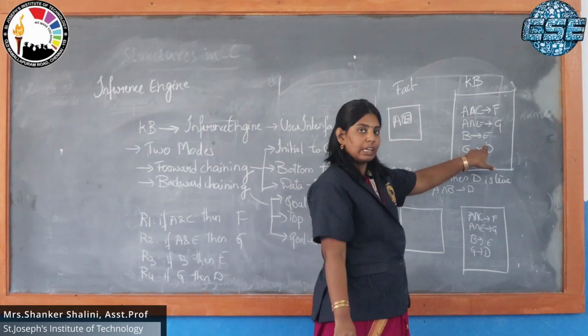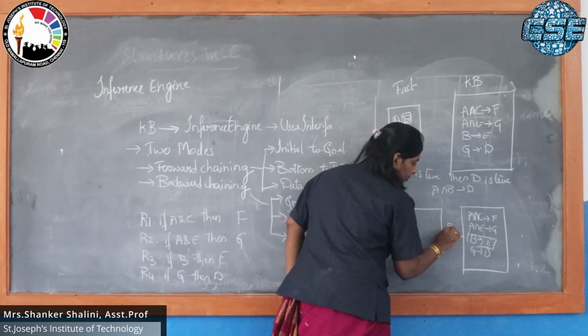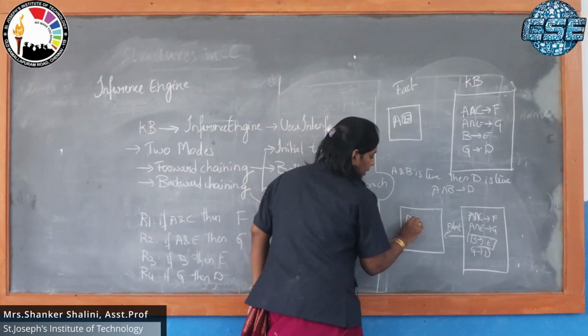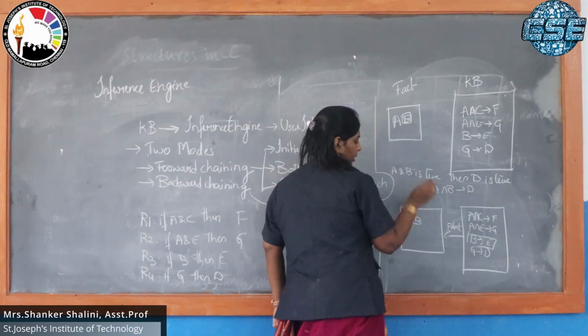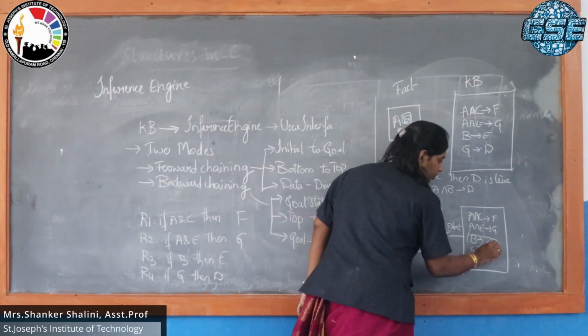B tends to E. So we extract this and put A, B and E inside the fact.